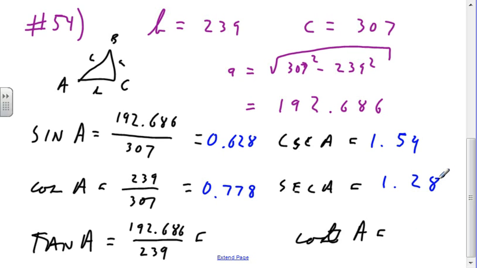Tangent: 192.686 divided by 239. Oh, and I get 0.806. And then I'm going to go 1 divided by my answer, and I'm going to get 1.24.